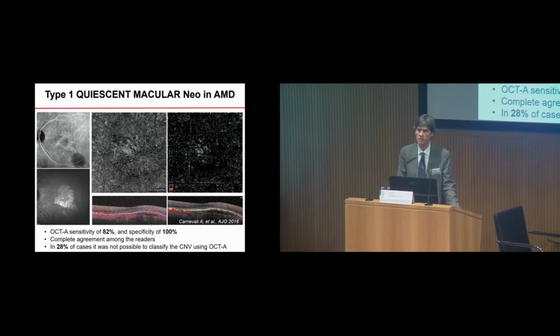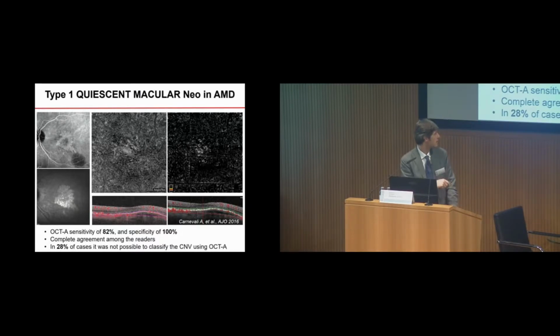The problem with OCT-A in the quiescent type 1 neovascularization is that, that's true, we can see it with OCT-A, but not all cases are visible. This is a nice example in which you can nicely see the late plaque on ICG, but no visualization with two different devices of the neovascularization.